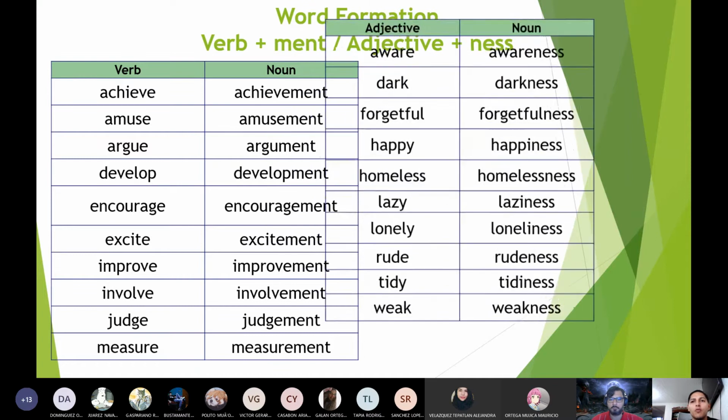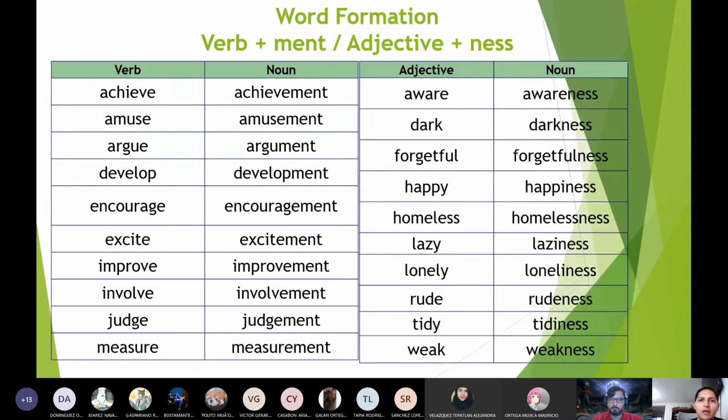Now, from adjectives to nouns by using ness, which is a suffix. Aware, awareness. Dark, darkness. Forgetful, forgetfulness. Happy, happiness. Homeless, homelessness.